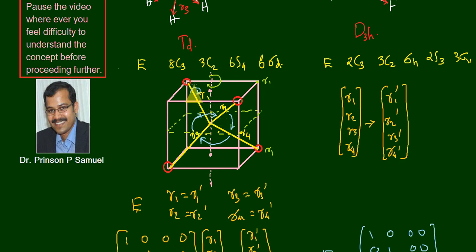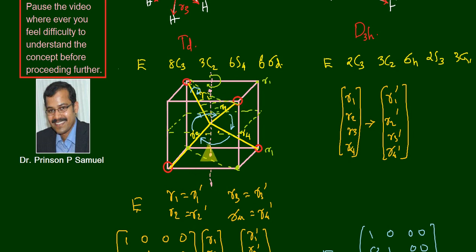That is a sigma d plane. So this plane will be like this: this corner and this corner, then this corner and this corner. So this is the plane we are considering now.